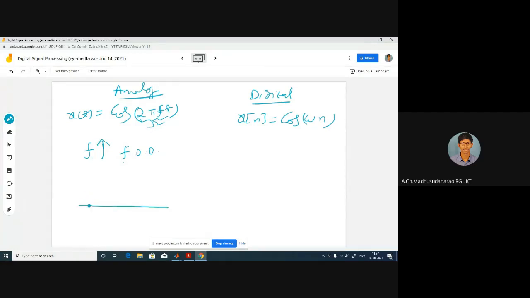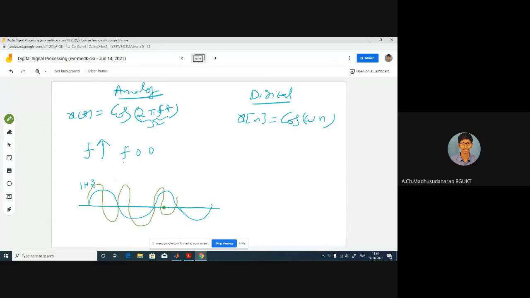It increases, right? For example, this is my 1 Hz signal. If I increase my frequency, let me make it 2. 2 Hz means there should be 2 cycles in this duration.